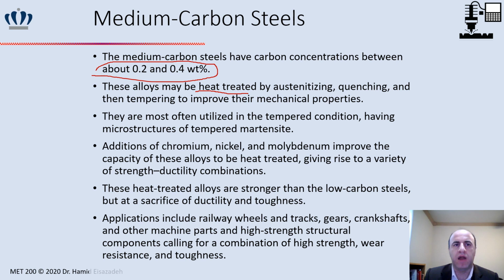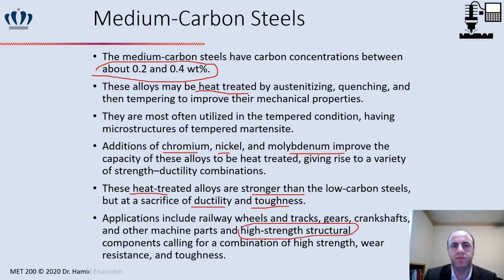Some of the alloying elements that we have in the medium carbon steel are chromium, nickel, molybdenum, which increase the capacity of these alloys to be heat treated. And when you do heat treatment, material might become stronger, but there is some disadvantage. You may lose ductility or toughness, because the material has a higher strength.